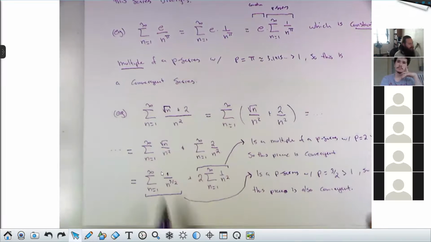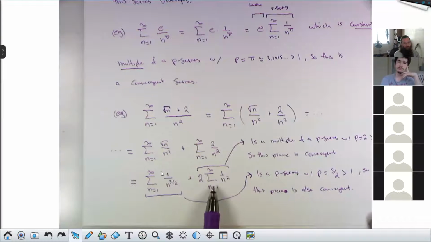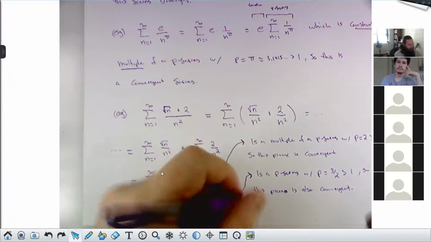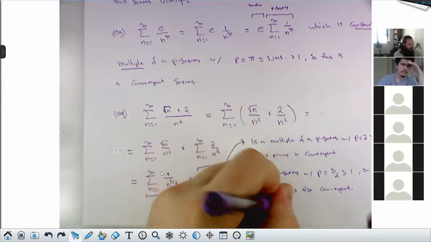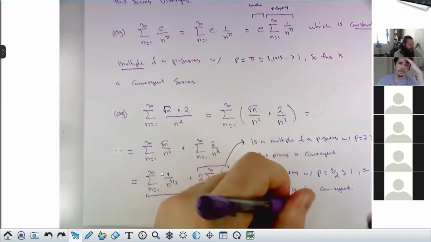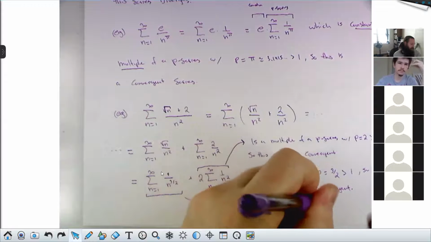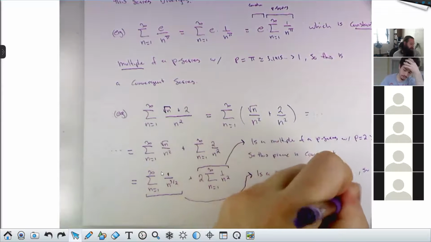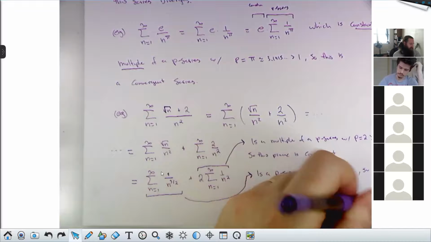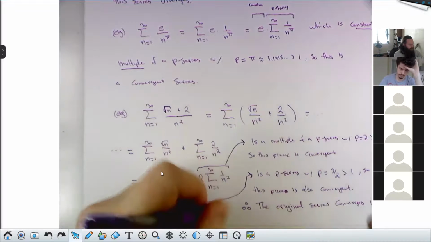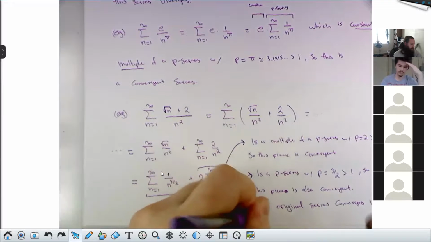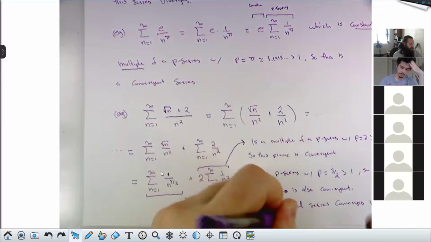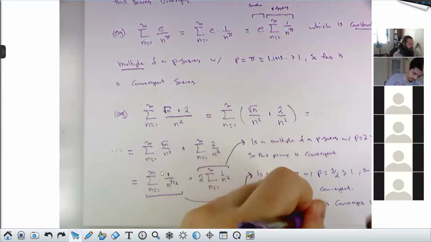All right, if I add 2 convergent series to one another, what do I get? You get convergent as well. Good, because it is the sum of 2 convergent series.